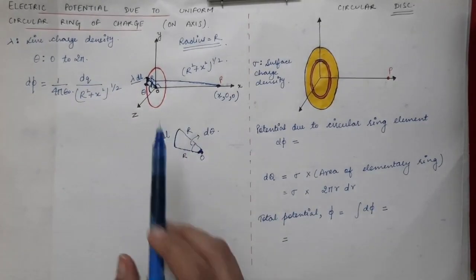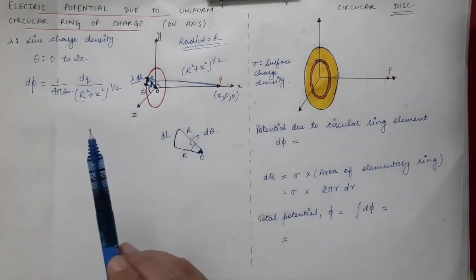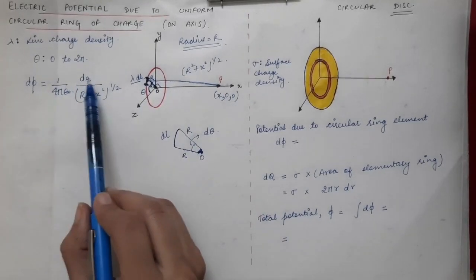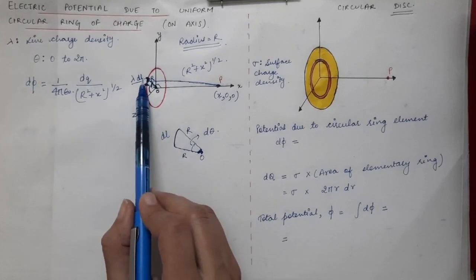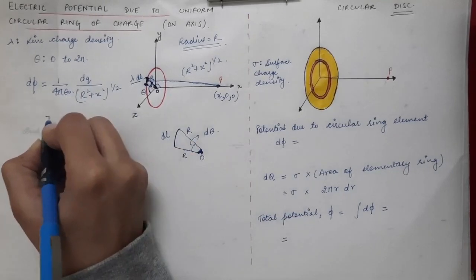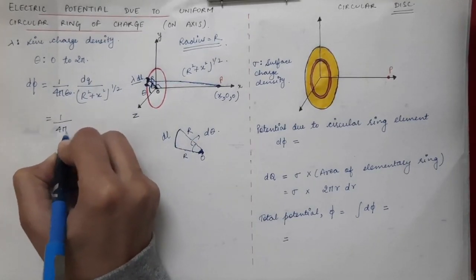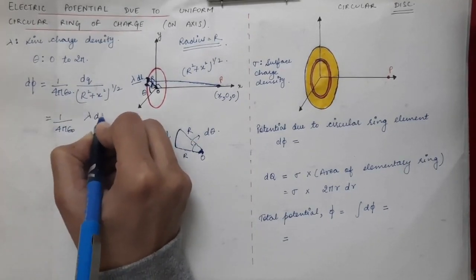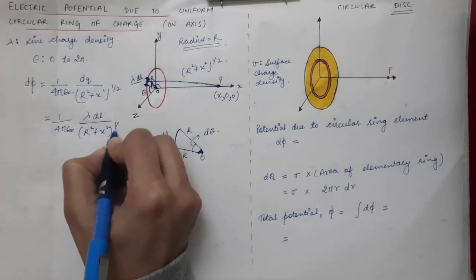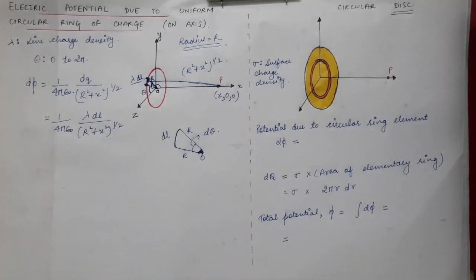Now we are going to insert the value of dq. dq is nothing but lambda into dl, the charge carried by this line element. So this will be equal to 1 by 4 pi epsilon naught into lambda into dl divided by (r square plus x square) whole power 1 by 2.